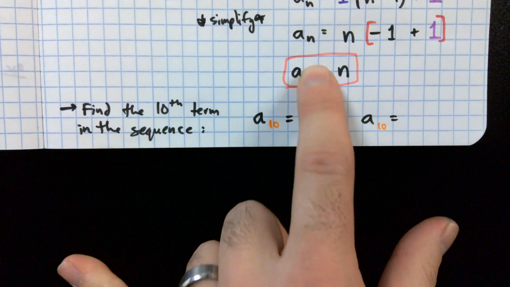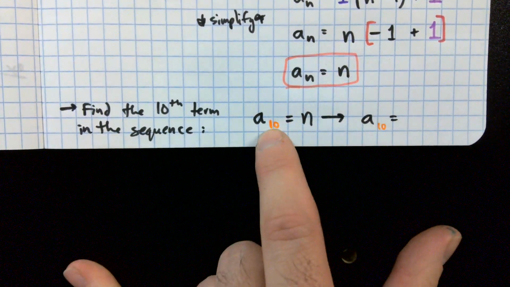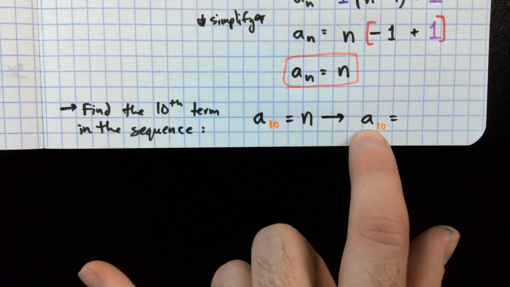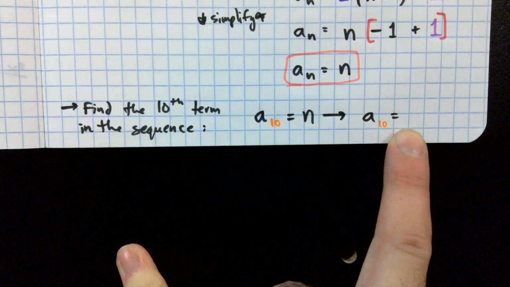So if a sub n is equal to n, and I plug in 10 for n, what is a sub 10 going to be equal to? It's going to be equal to 10.